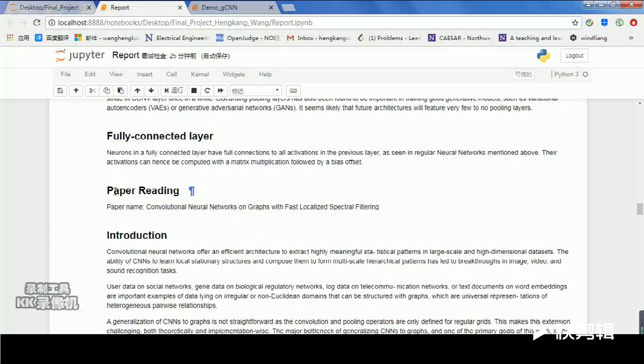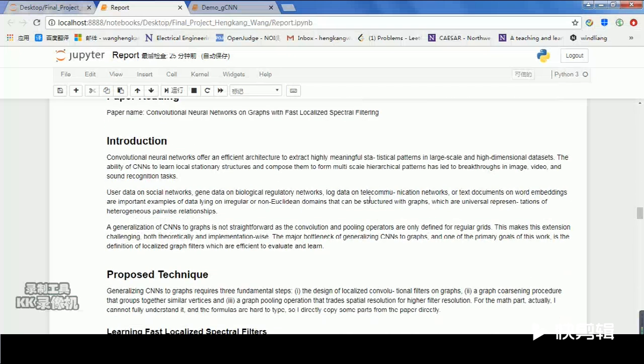And then for the paper reading, I read a paper called Convolutional Neural Networks on Graphs with Fast Localized Spectral Filtering. The main idea of the paper is that we have used CNNs in image, video, and sound recognition tasks, but they are all in Euclidean space.